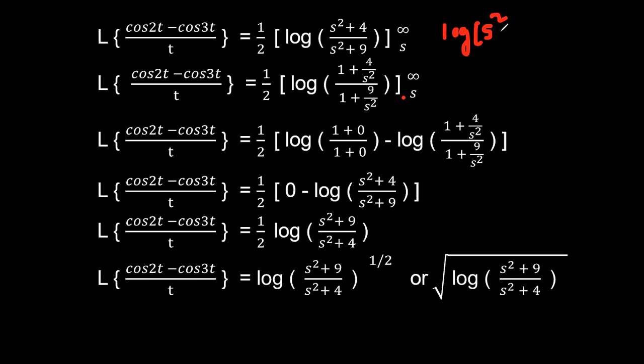So log of s square plus 4 for the first term minus log of s square plus 9, this is your second term, and the limits vary as s tends to infinity. Lower limit is s and upper limit is infinity, and you will have the 1 by 2 outside. So this is the equation.